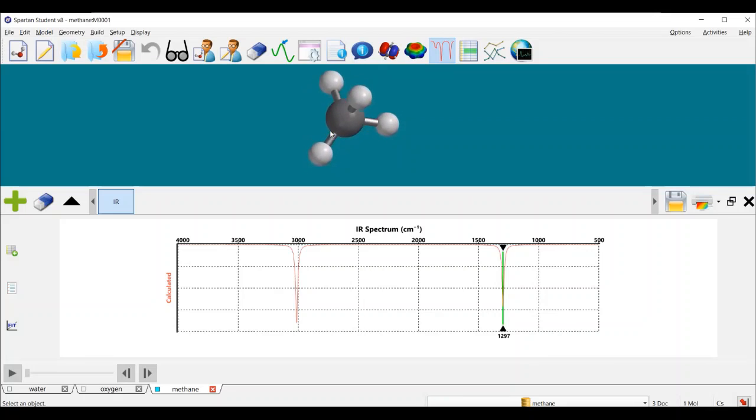So not different frequencies, but notice how deep these peaks are. Strong absorption in that area because there's four different ways that we can do that. Okay, so methane has a lot of different ways, 4 over here and 4 over here, and that allows for a lot of absorption of infrared light.